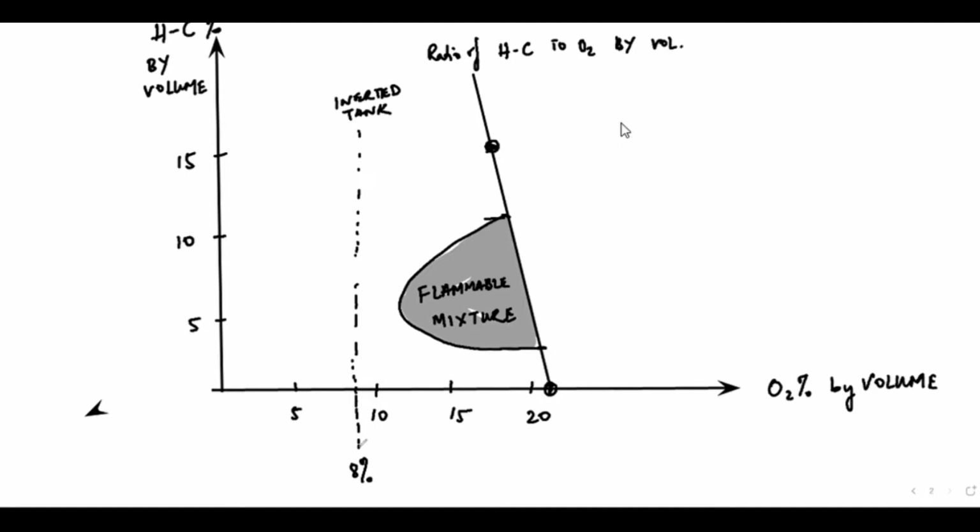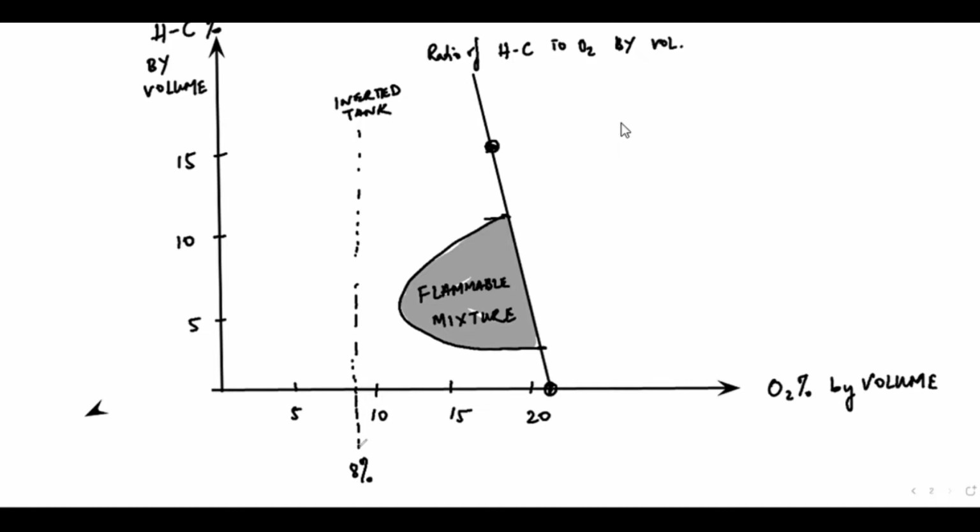How easy is it to measure the percentage of oxygen in all parts of the tank? Let us say we have a product tank, a tank with petrol or something like that, which was carrying petrol. Now it is empty, and it is a 15,000 meter cube tank or a 10,000 meter cube tank.